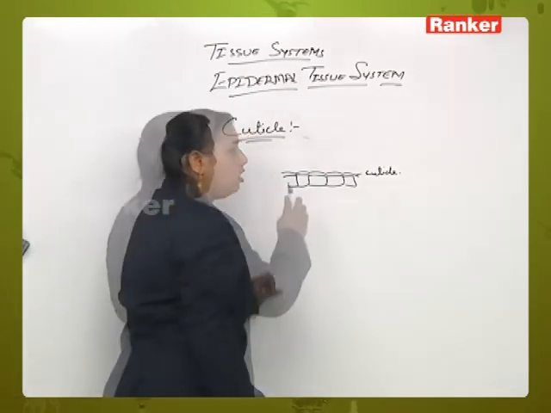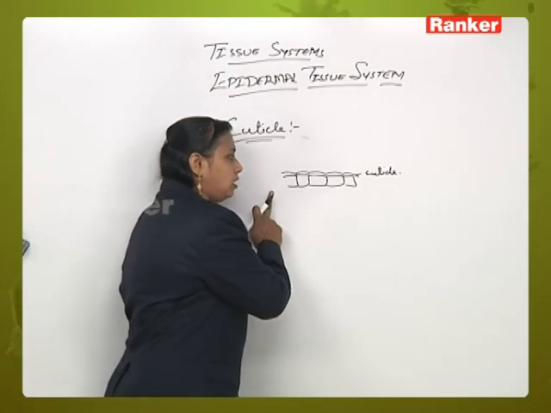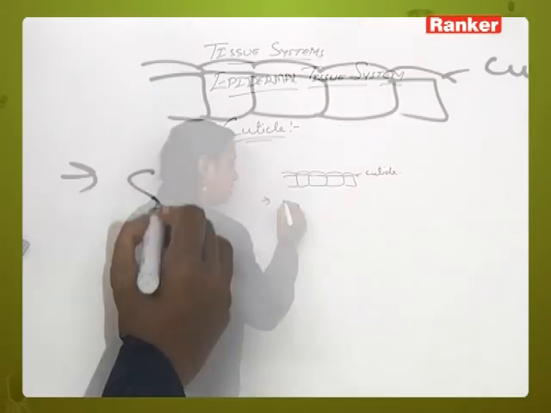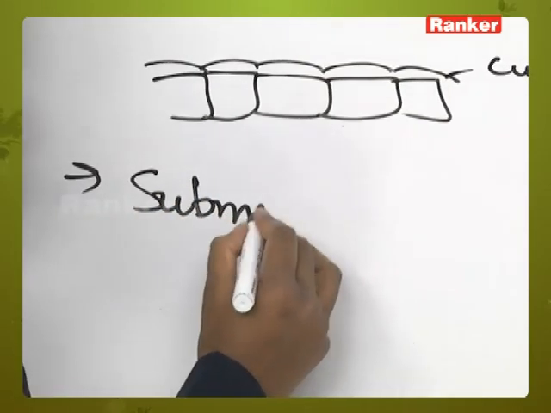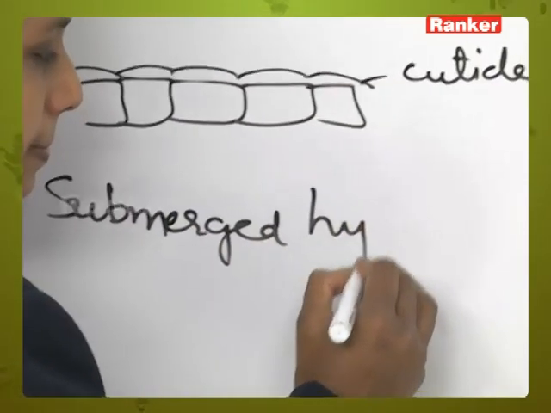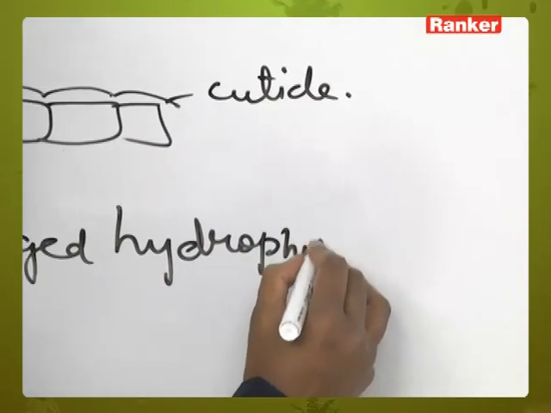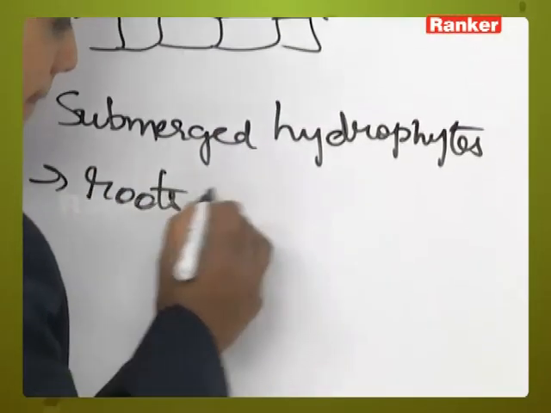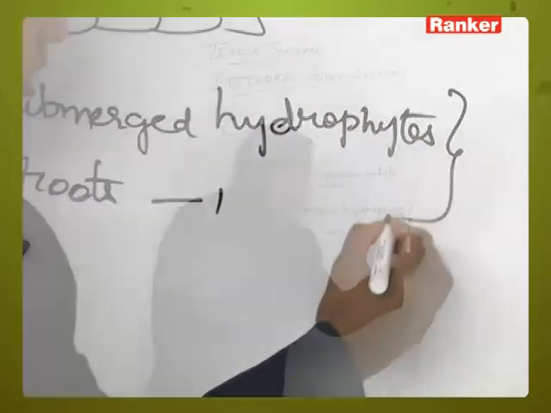Now here, the cuticle is present on almost all the plants above the epidermis, but in some plants like submerged hydrophytes, and in some roots, you will see no cuticle.